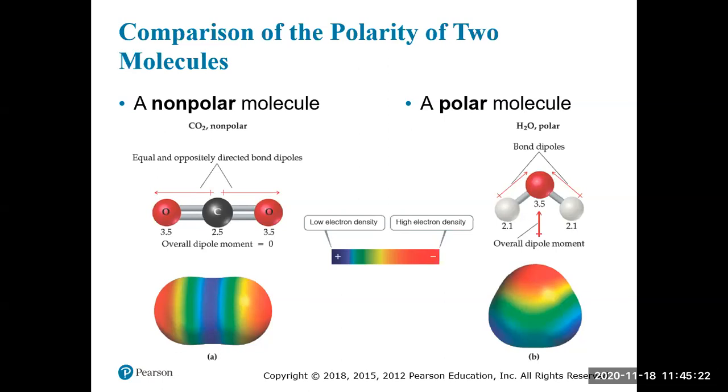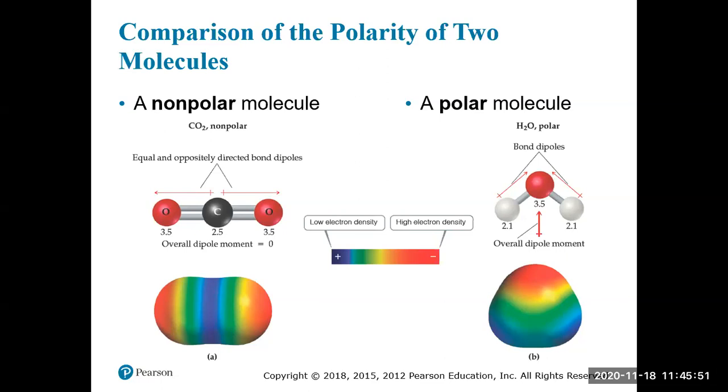On the CO2, they were pulling away, kind of canceling each other out. Here, they're additive, and that's where you can see the overall dipole moment arrow, which is that darker red one, below the oxygen pointing upwards. That's a bigger, broader arrow to signify that that's an additive effect of the electron sharing.